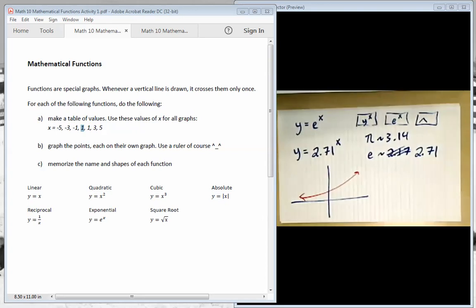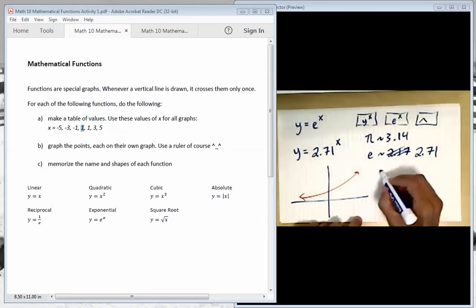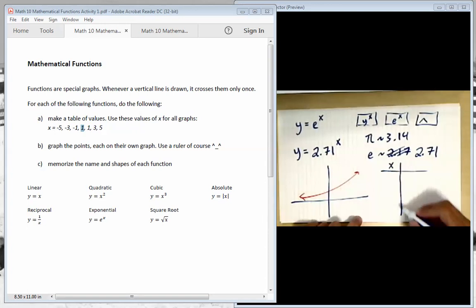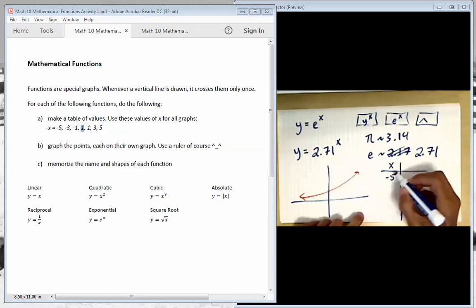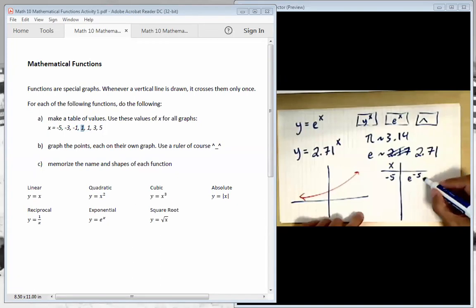There's a couple that are kind of easy to do, which I can show you here. E to the -5, or 2.71 to the -5, it's going to be a very small number.